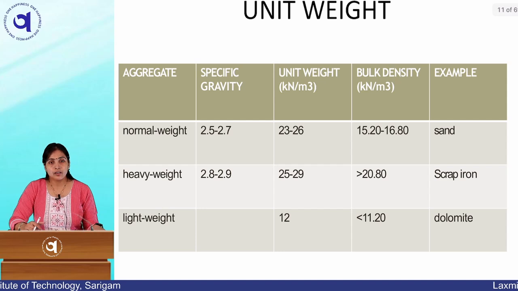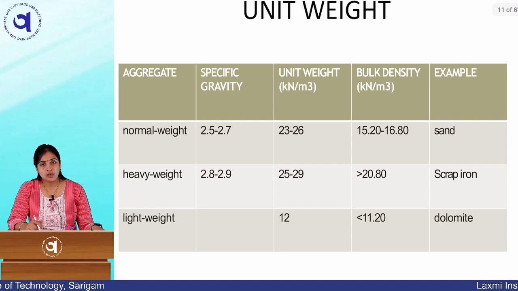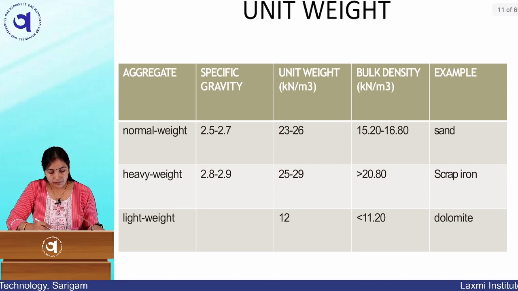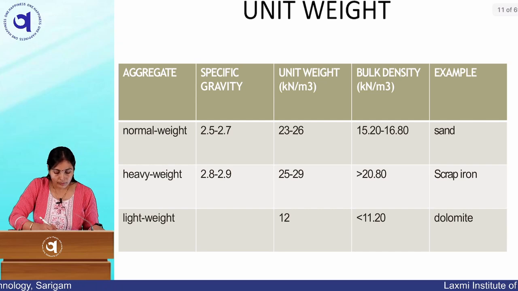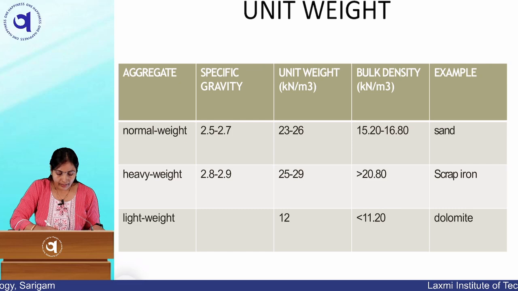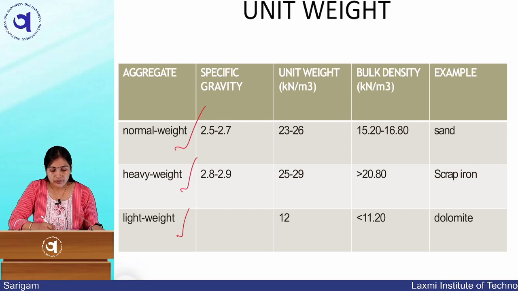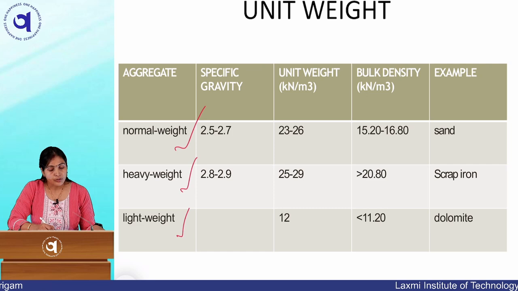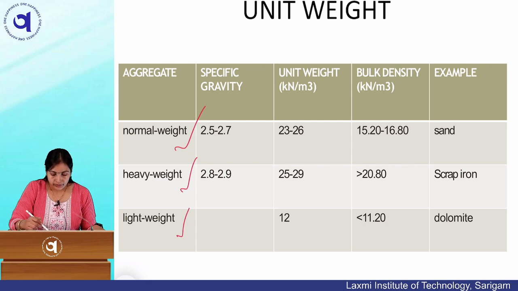Now, if we talk about the unit weight of the aggregate, we have aggregate of normal weight, heavy weight and light weight, and specific gravity varies: normal weight from 2.5 to 2.7, heavy weight from 2.8 to 2.9.